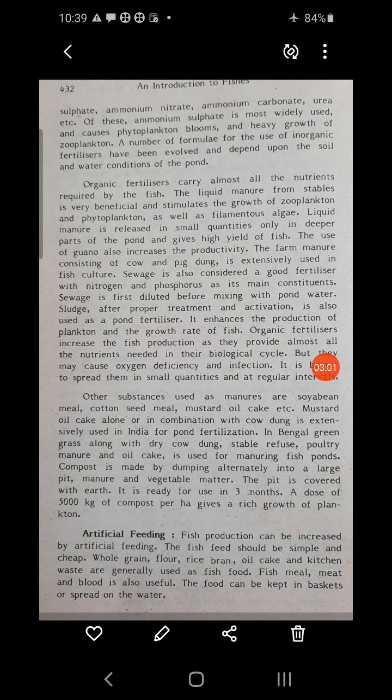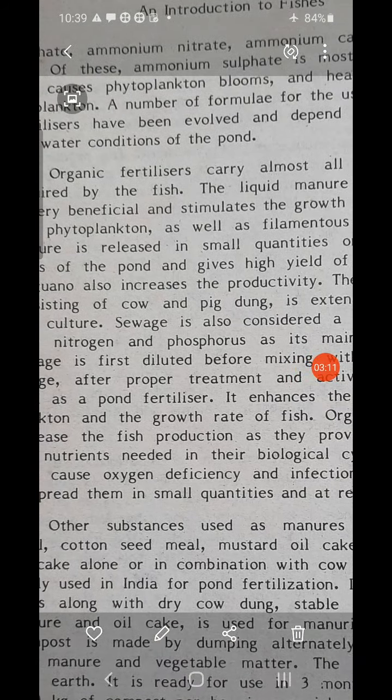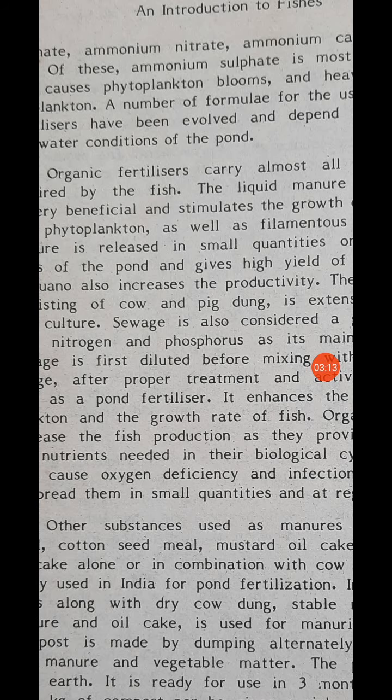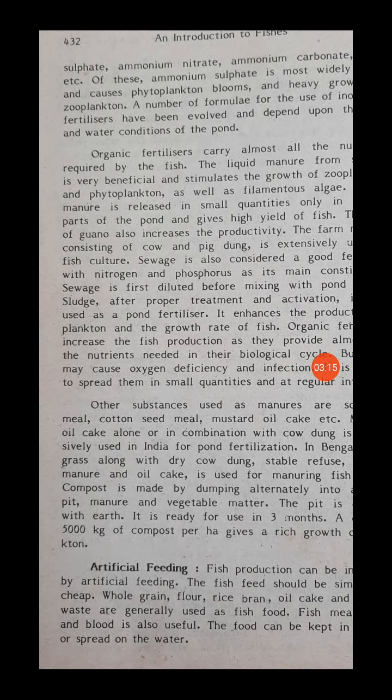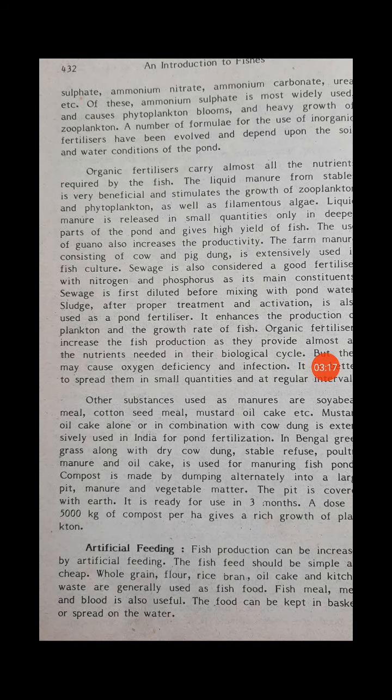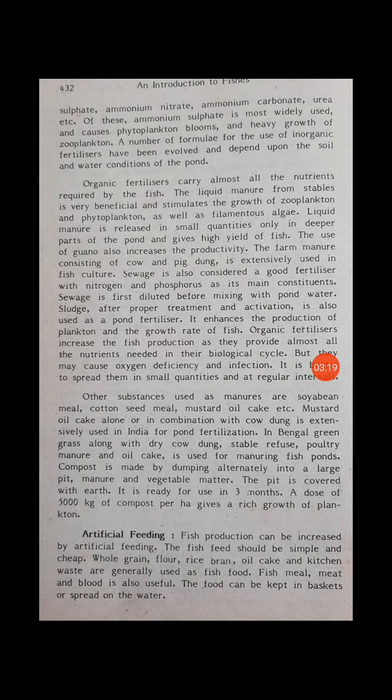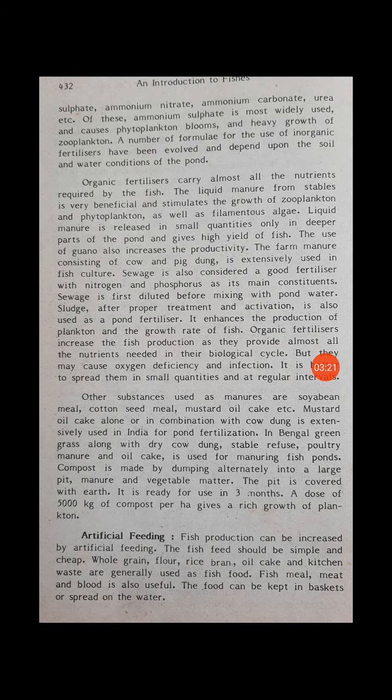So here we have to note this point. This phytoplankton and zooplankton act as food for the fishes. So that's why we need the fertilization of the pond. Then the organic fertilizers carry almost all the nutrients required by the fish.